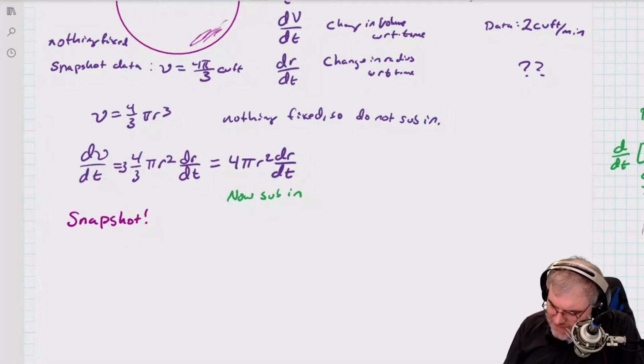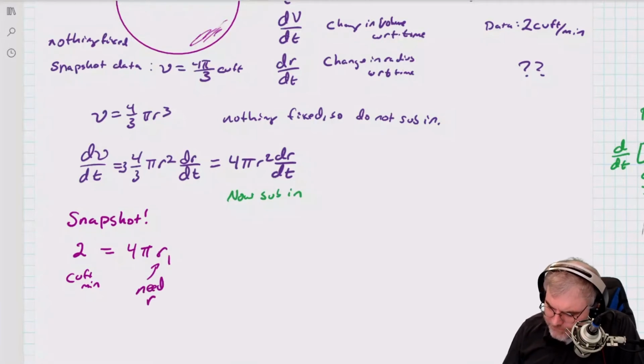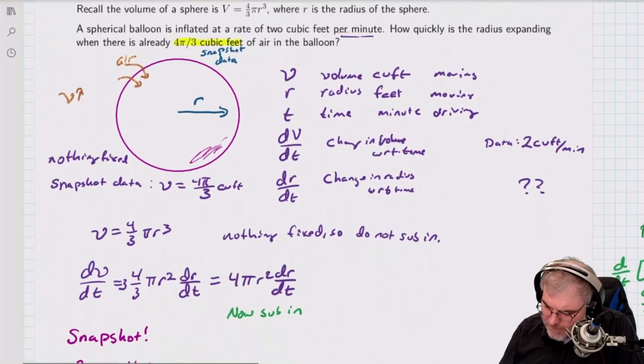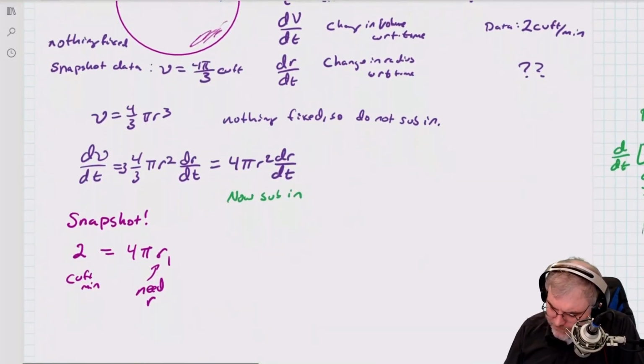Right, I've got dV over dt. That equals 2 cubic feet per minute. Equals, then I've got 4 pi. I've got an r here, need r. And note this is r when volume equals 4 pi over 3.